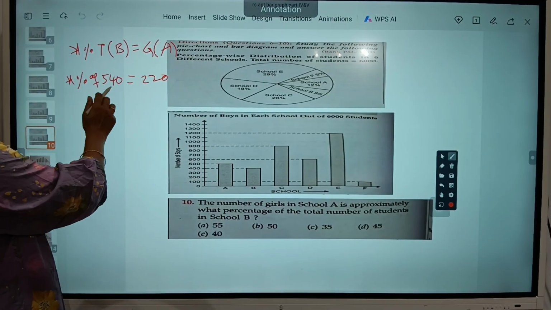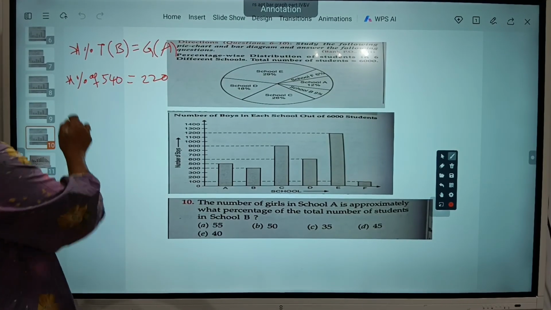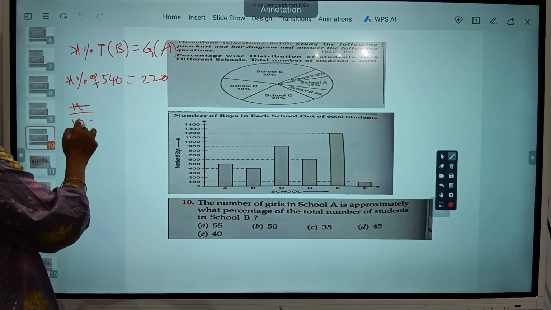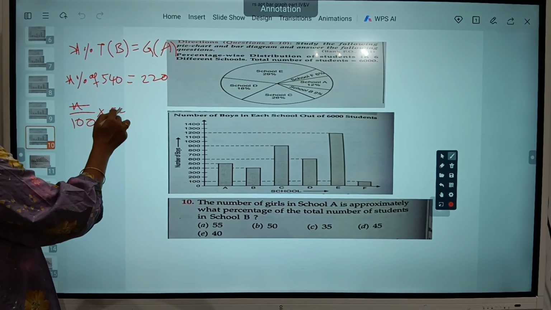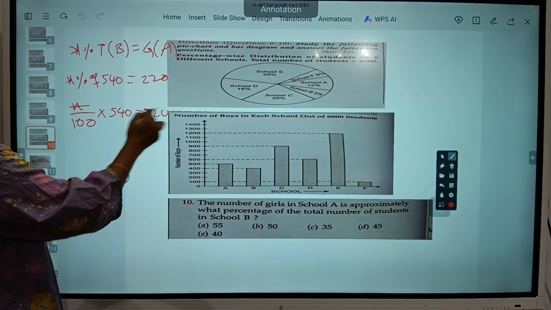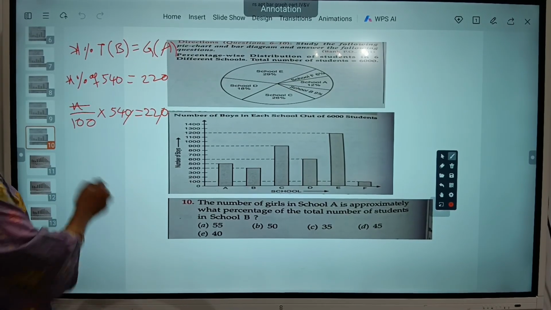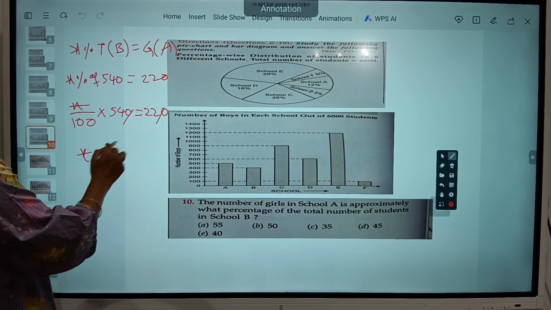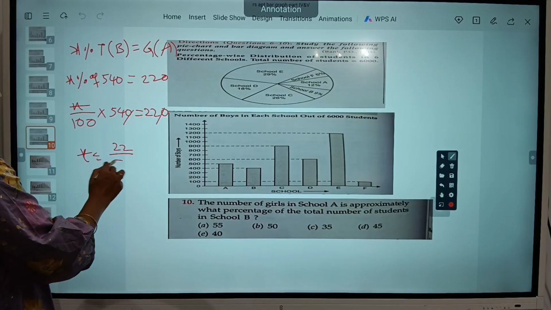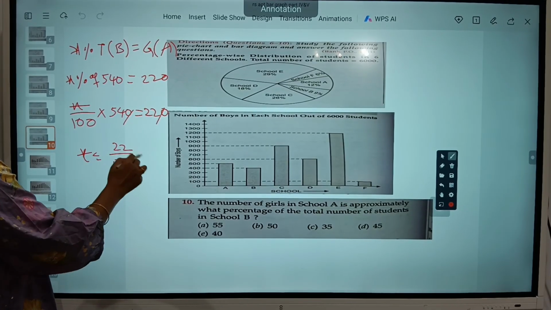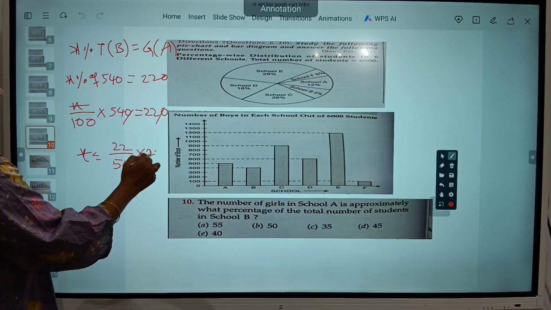So X percent of 540 equals 220. X by 100 into 540 is equal to 220. So 0 cancel here. So X will be X is equal to 22 by 54 into 100.